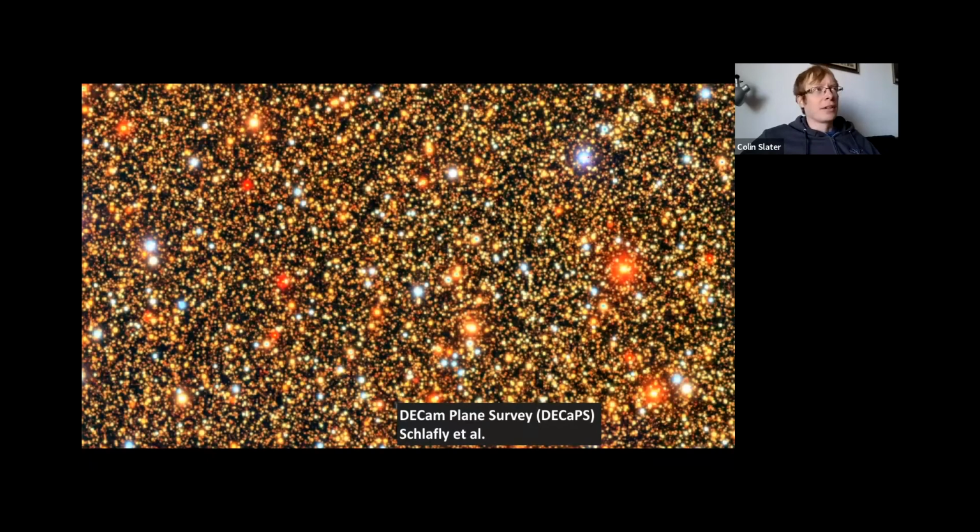And I think I can make two emotional arguments here, which I'll try to back up later in the talk. One is that there's a ton of Milky Way science in this image. There's a lot that we can learn by actually processing the Milky Way disk really well.